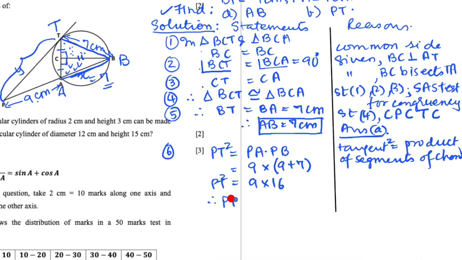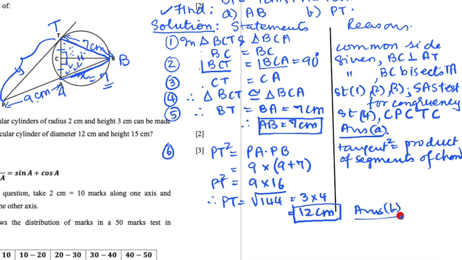So our PT is going to be under root 16 9s 144, or you can write it straight off as square root of 9 as 3 and square root of 16 as 4. In any case, we will get PT as 12 centimeters. And that is our answer B.